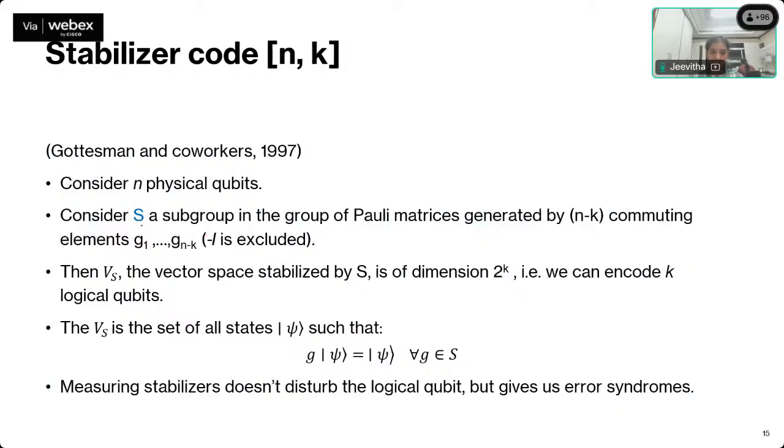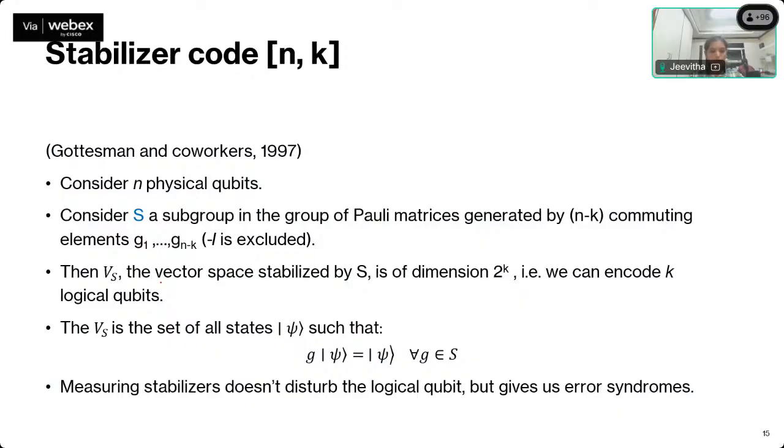S contains n minus k elements which all commute with each other. Whatever elements the stabilizer group contains, they all commute with each other. And here minus identity is excluded to maintain positive eigenvalue.